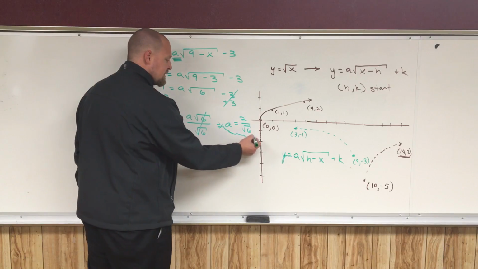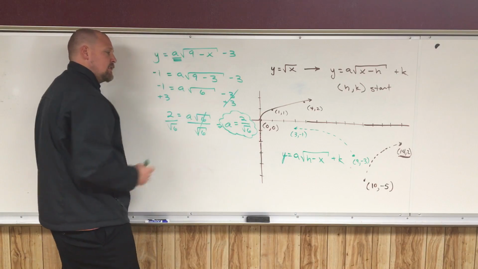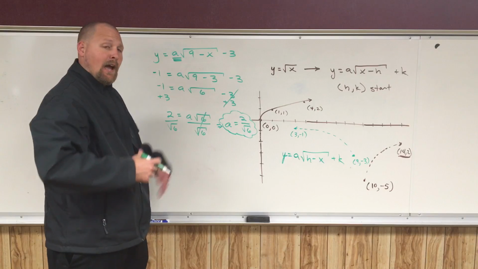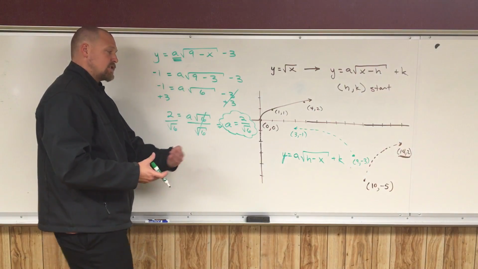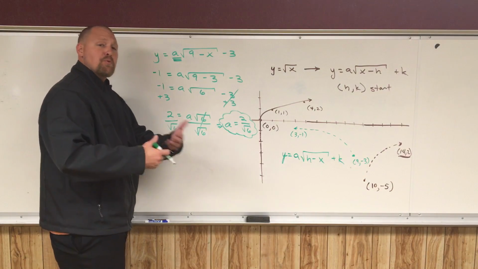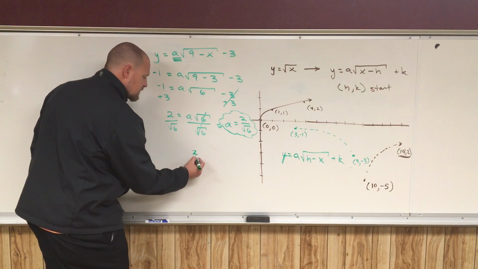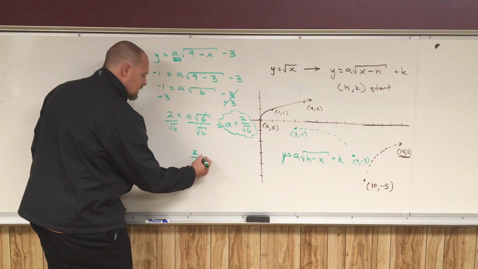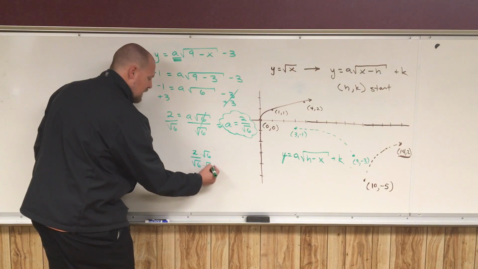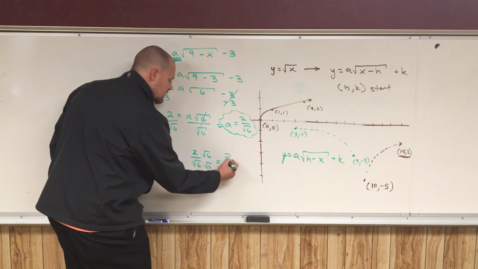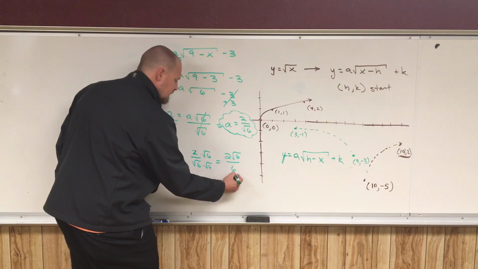For my purposes, I'm okay if you leave the fraction just like this. However, if you want the fraction to be written properly, then we need to do what's called rationalize the denominator. So 2 over the square root of 6, we're going to multiply both the top and bottom by the square root of 6. That gives me 2 square roots of 6 over 6.